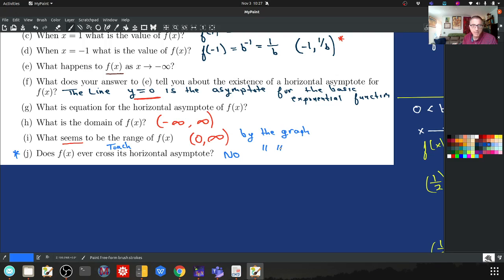So maybe if I go out to minus 10 to the 100 millionth, which is an extremely large negative number, and it doesn't cross the x-axis, I could still go further out. Maybe it did. So this is kind of a hand-wavy answer. It turns out that it's true, but it's a hand-wavy answer.